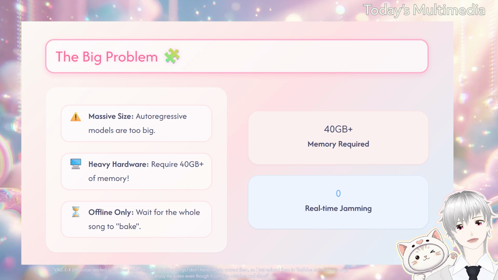Most of these advanced AI music models, especially the ones called discrete autoregressive models, were absolutely massive, like they required industrial computers to run, taking up over 40 gigabytes of memory just to function. That means normal people, like you or me with our regular laptops, cannot just use them in real time to jam or perform live. They're offline, meaning you tell them what to do, and then you have to wait for the whole song to bake.